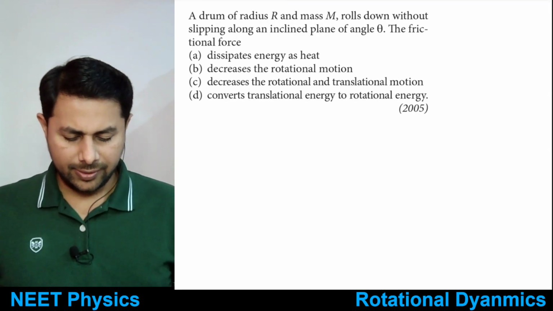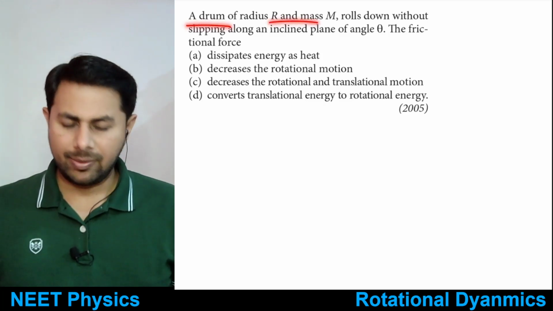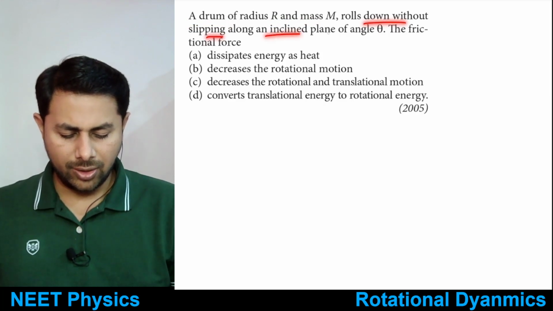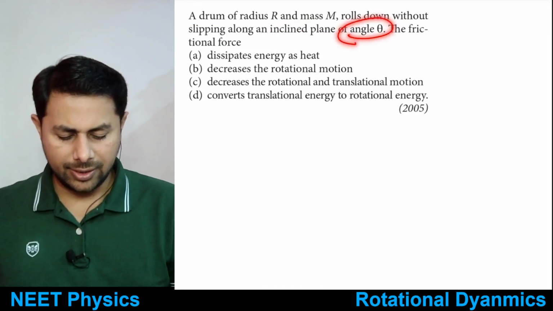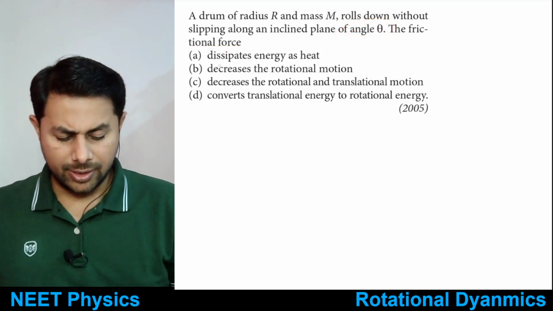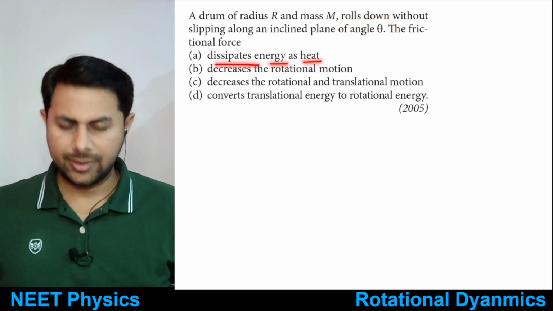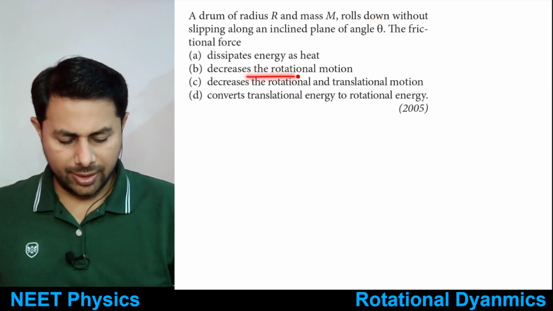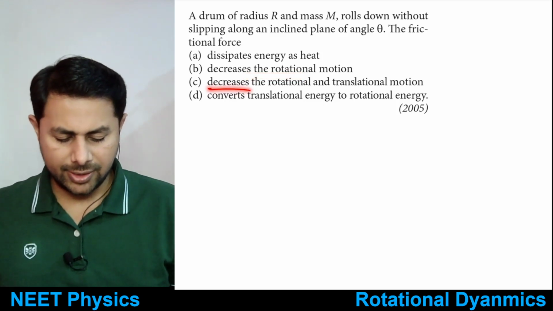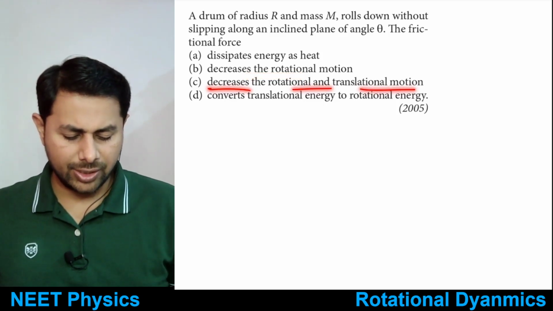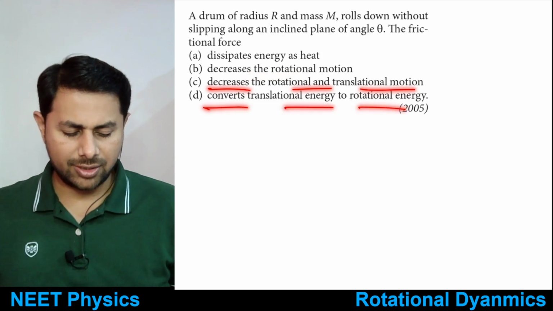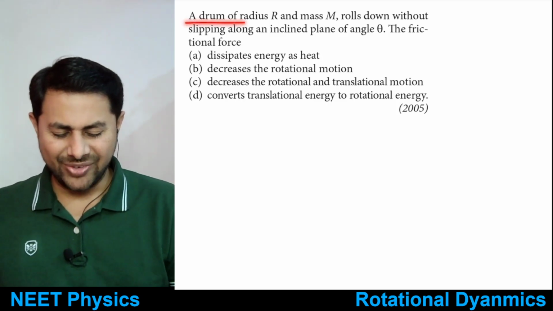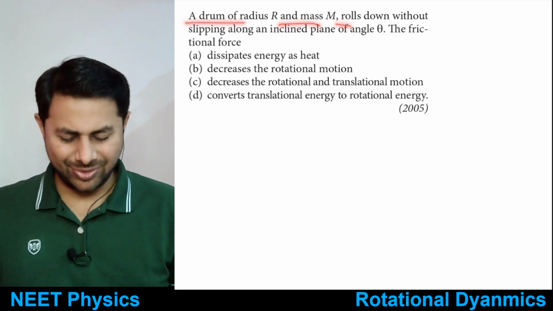Let's see the next one. A drum of radius r and mass m rolls down without slipping along an inclined plane of angle theta. The frictional force dissipates energy as heat. Options: decreases the rotational motion, decreases the rotational and translational motion, converts translational energy to rotational energy.